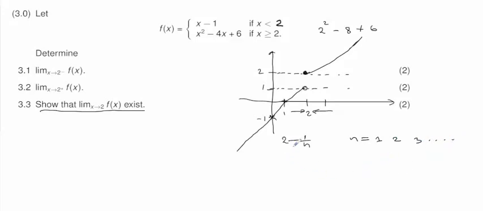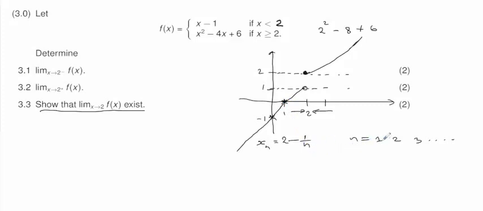Now notice that this expression, let me call it x_n, is a sequence. For n equals 1, you get 1 over 1, then 2 minus 1 is going to be 1, so you'll be somewhere there.